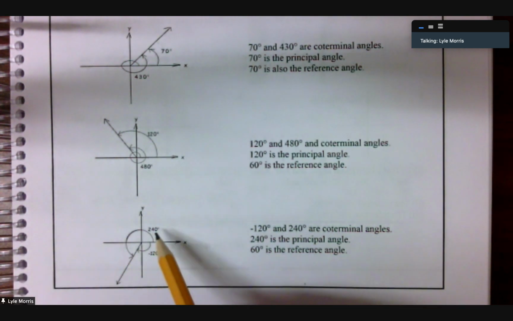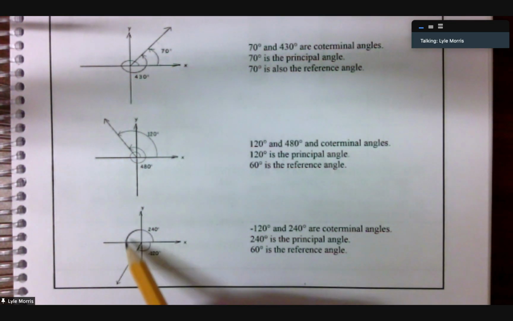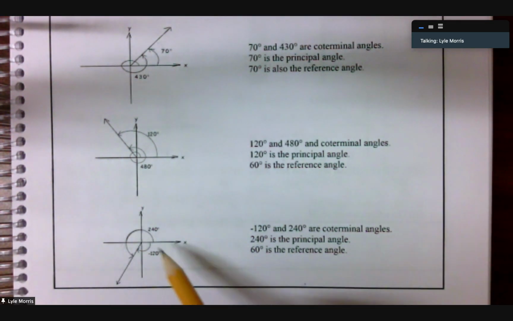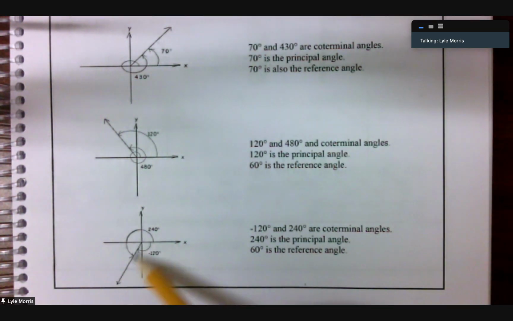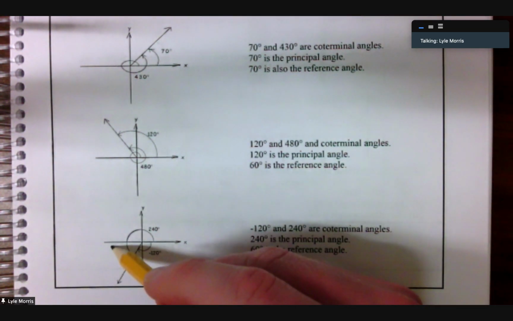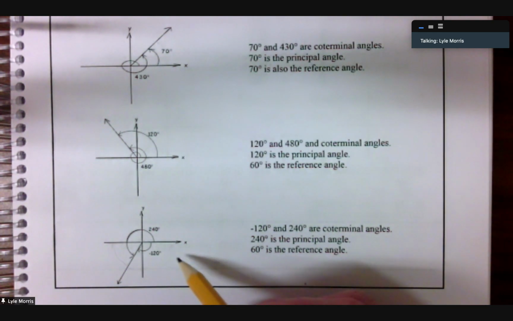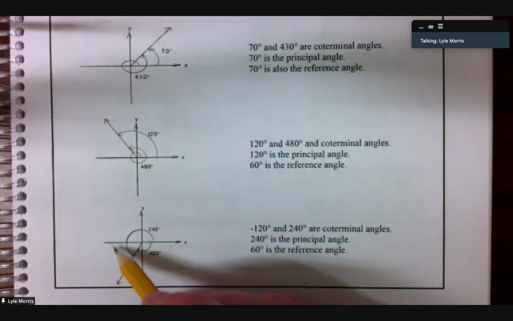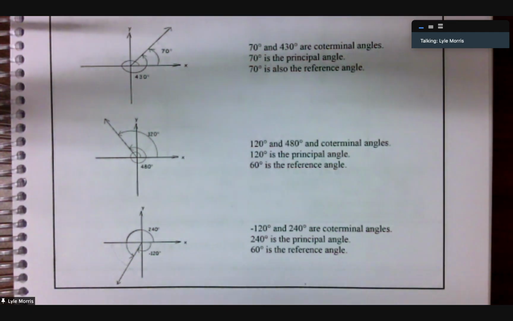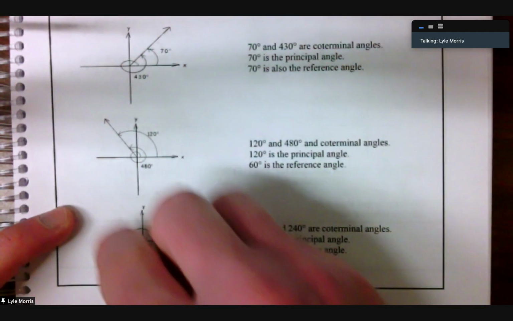Negative 120 is smaller, but 240 is the least positive angle. And when we talk about a reference angle, it's just this terminal arm. You can ignore everything else. The terminal arm closer to the x-axis. This one is closer than this one. So 60 degrees is the reference angle.